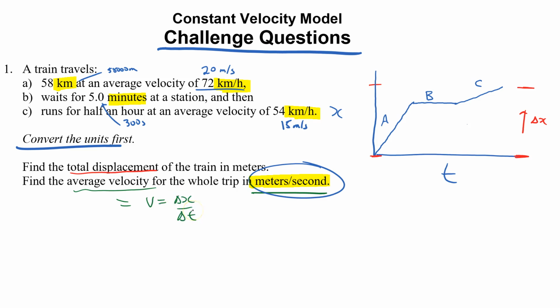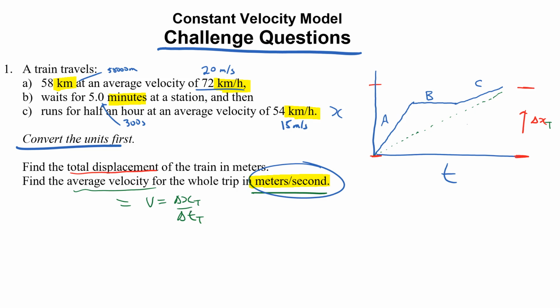But the key is that this has to be the total, so I'll put a t here for total, and the total time that goes by. Another way to show it is that it's the slope of this line: the total displacement divided by the total time.